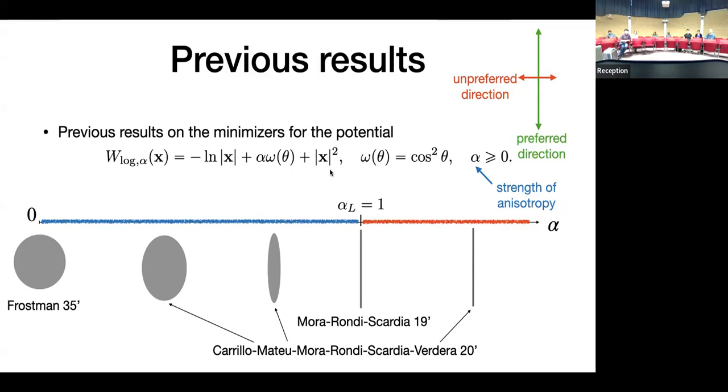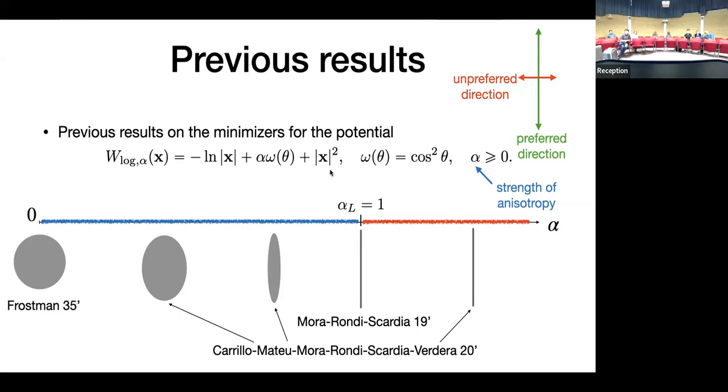Later on, a work by Carrillo, Mateu, Mora, Rondi, Scardia, and Verdera in 2020 filled in the other values of the parameter alpha in this model. First, they showed that when your alpha is between 0 and 1, there is a continuous transition from the characteristic function of a ball to a one-dimensional vertical distribution.